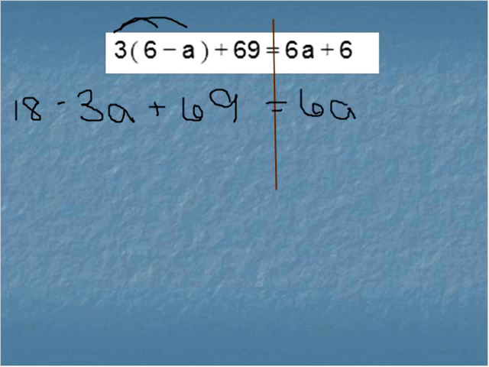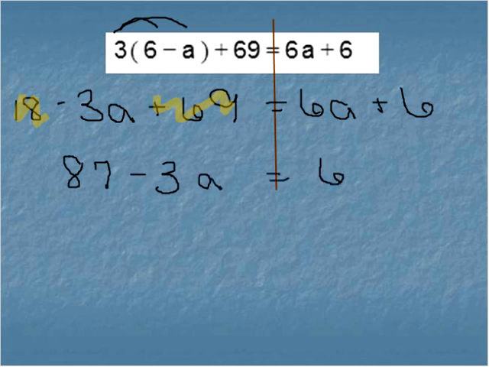Hopefully we have a little bit more luck this time. I'm going to combine like terms, so 18 plus 69 is our 87. I still have the minus 3a equals 6a plus 6. Right.